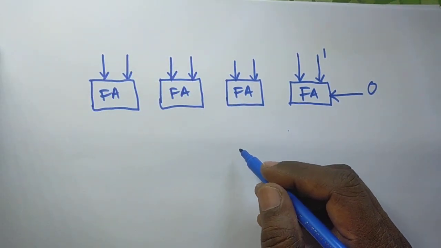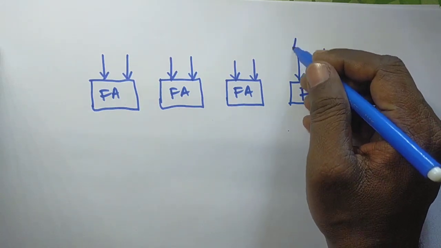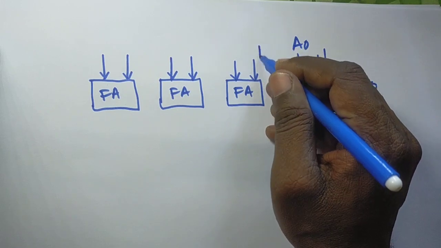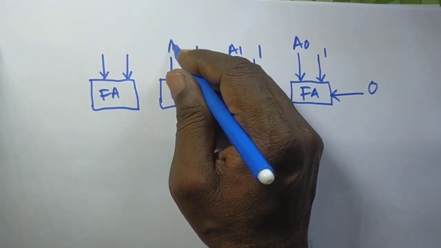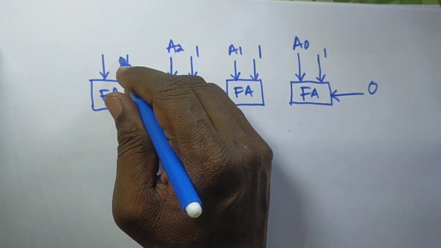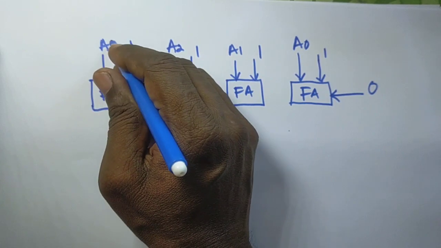One part is minus 1, that is 1, another part is A0. Here is 1, that is A1. Here is 1, that is A2. Here is 1, it is A3.